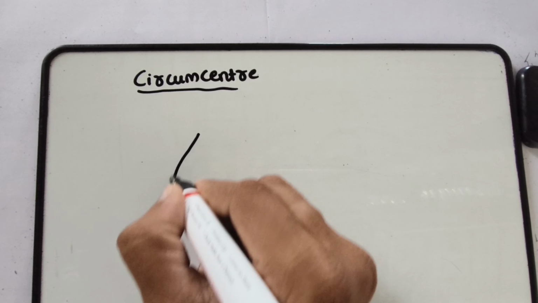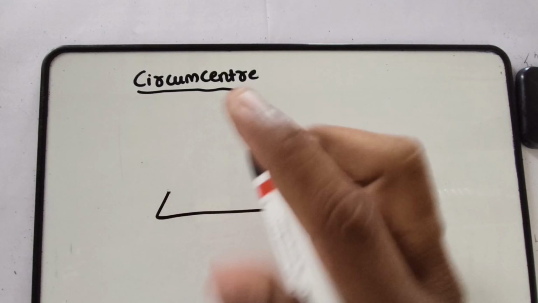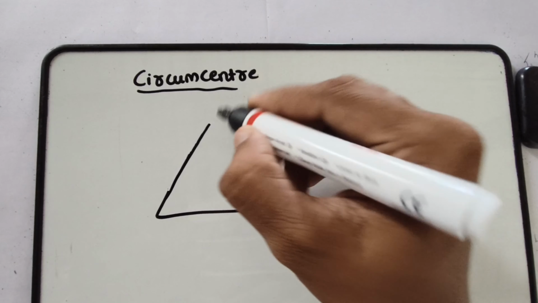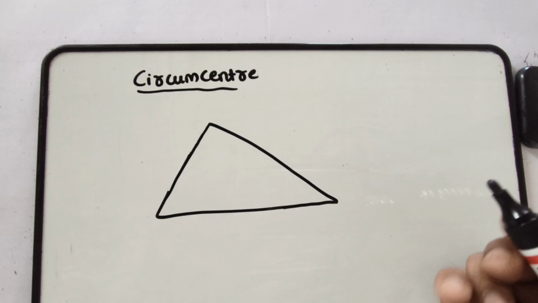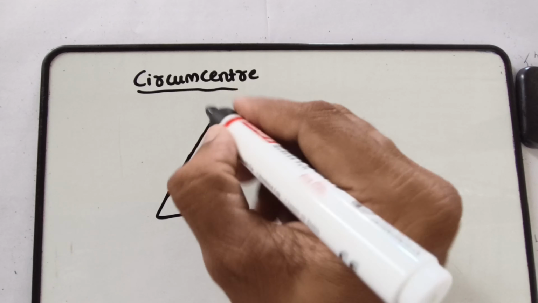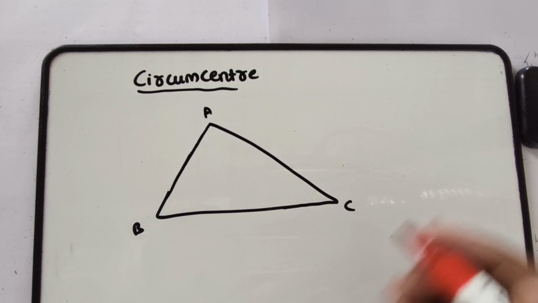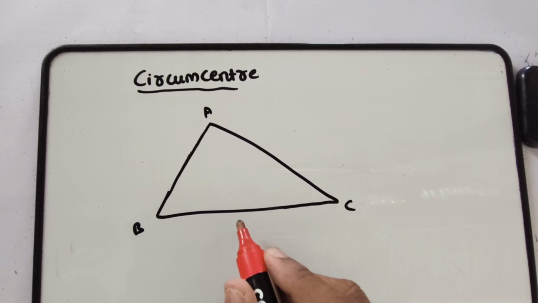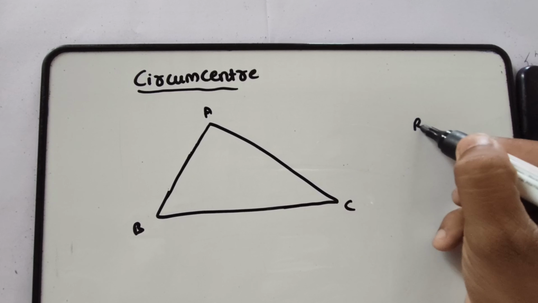Let us learn one more concept, that is circumcenter. Let ABC be a given triangle. I'll draw one perpendicular bisector to BC.